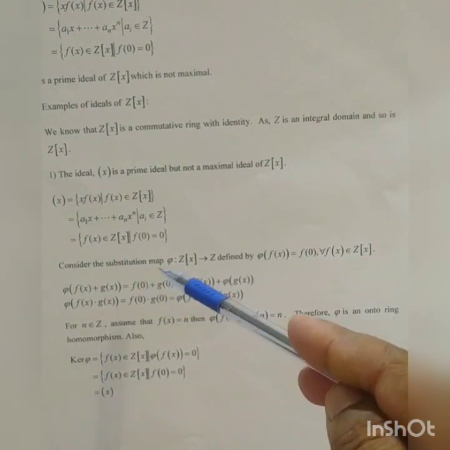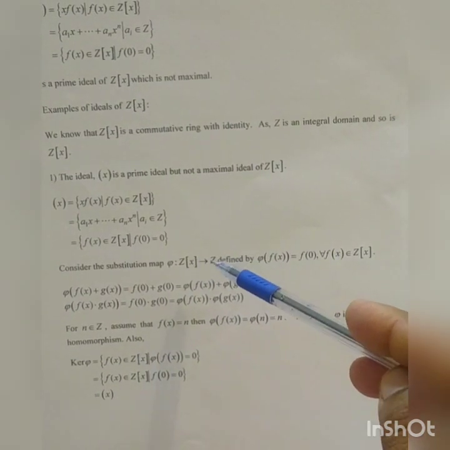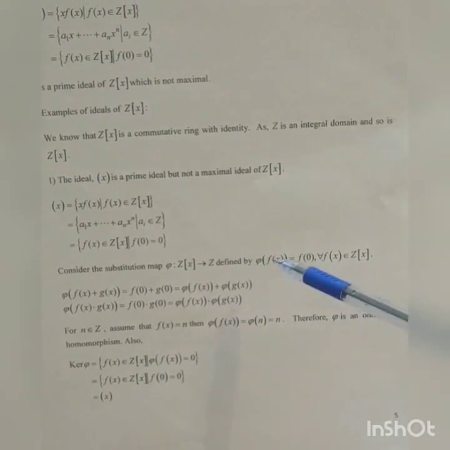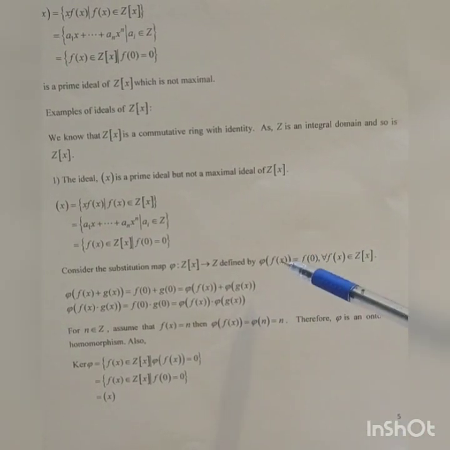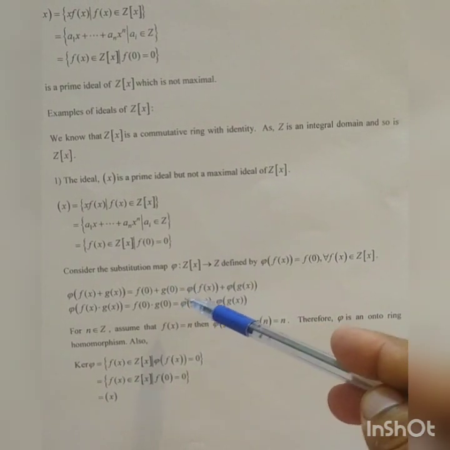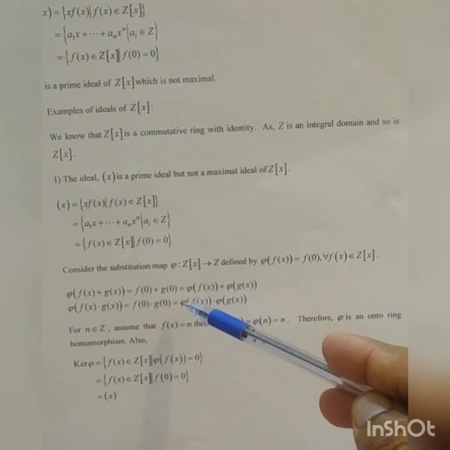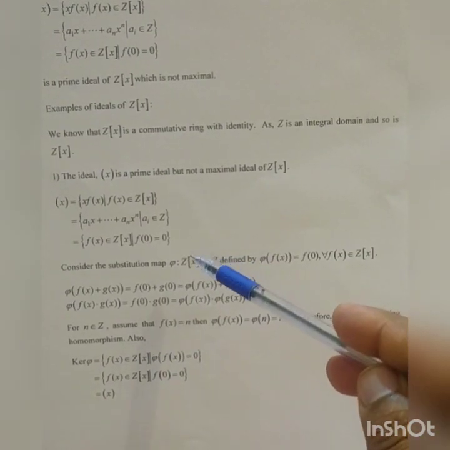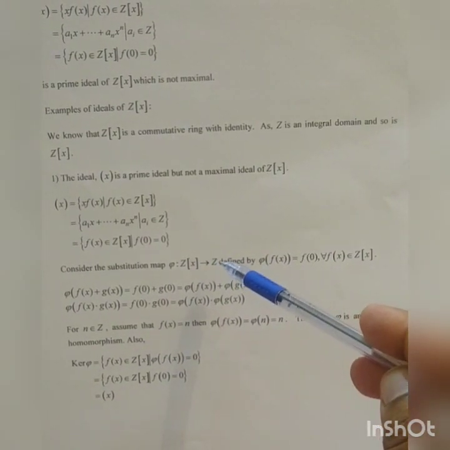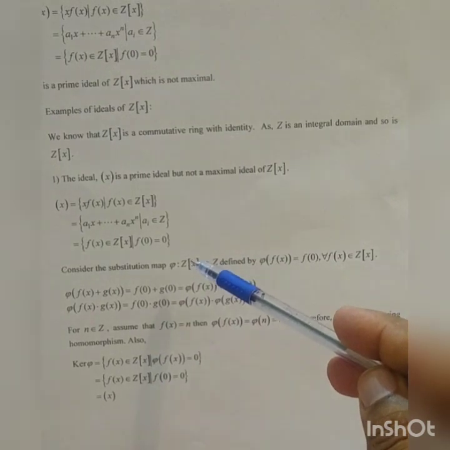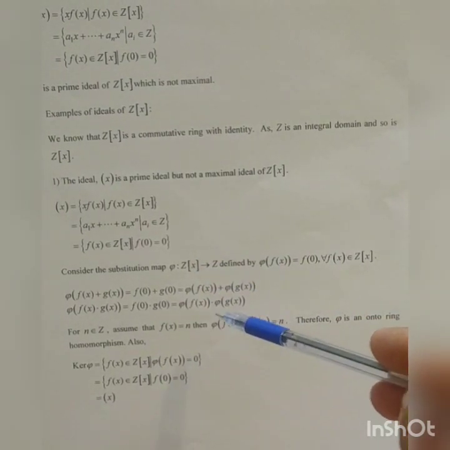Now let us consider a substitution map phi from Z[X] to Z defined by phi(f(X)) equals f(0) for all f(X) belonging to Z[X]. In fact, this mapping is a homomorphism because it satisfies both conditions of a ring homomorphism. Further, Z is contained in Z[X], so every integer present in Z[X] is treated as a constant polynomial.